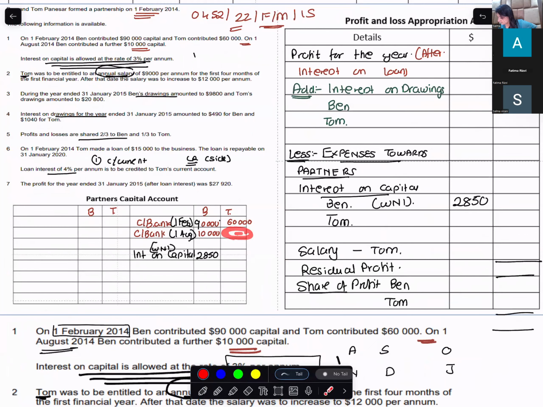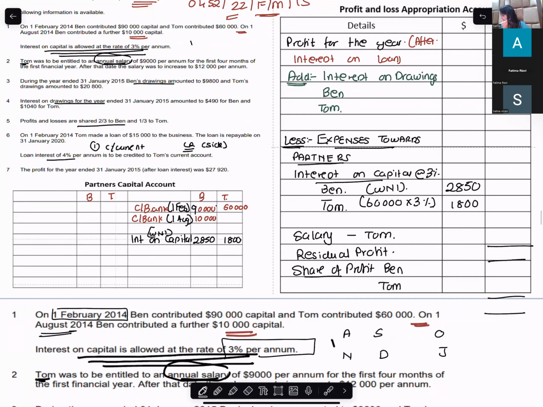No. So directly 3%. So 1,800. 60,000 into 3%. Are you with me? Yes. Okay.